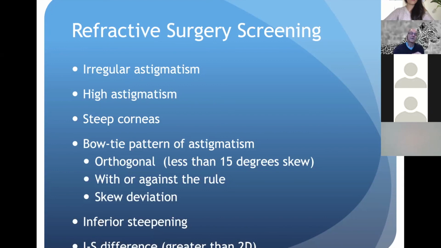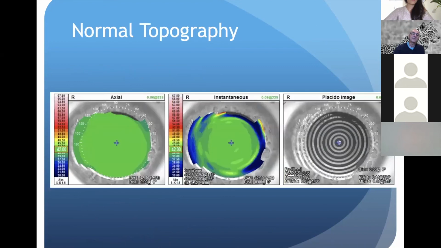We want to look for inferior steepening, and then we want to look for an inferior-superior difference of usually greater than 1.5 to 2 diopters.